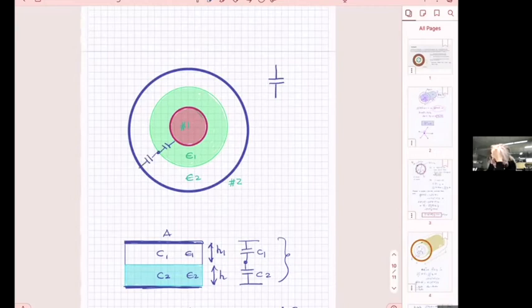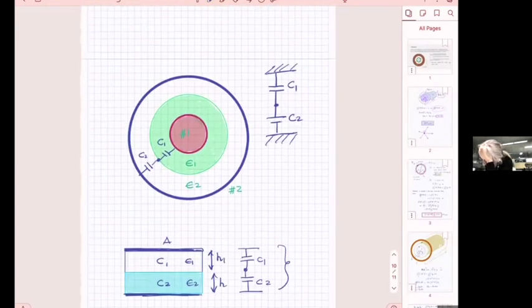So the inner conductor with the outside dielectric makes one capacitance C1, and the other with the other side dielectric makes another one, C2, where C1 is going to be like, if this is A, this is B, and this is C.